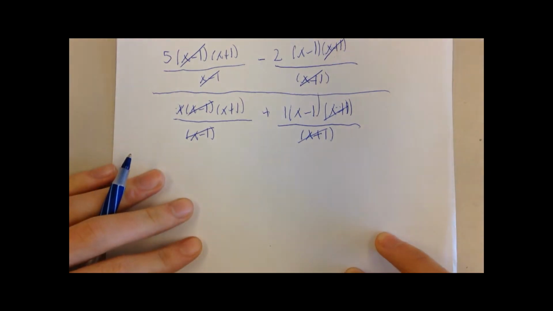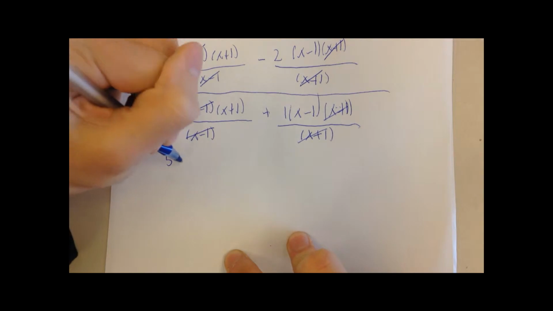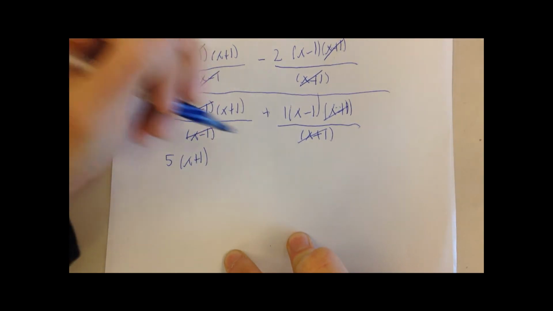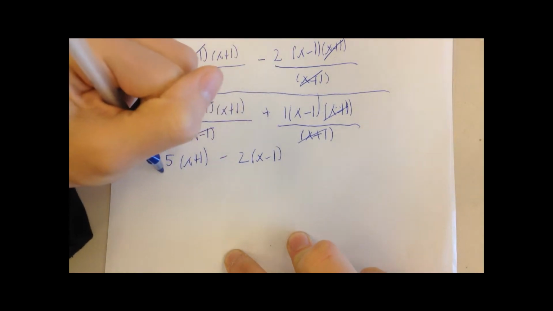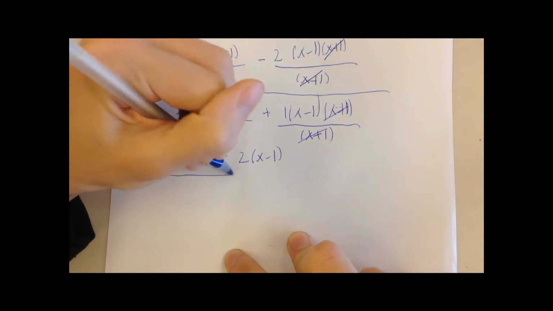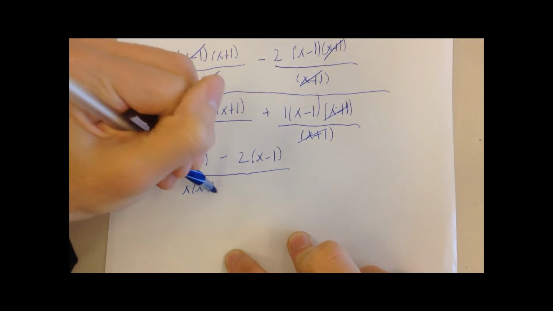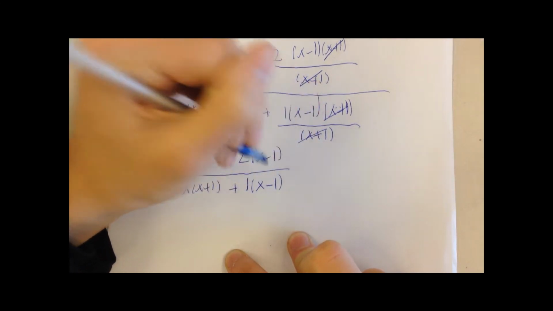So now we are left with 5 times (x plus 1) minus 2(x minus 1) over (x plus 1) plus 1(x minus 1).